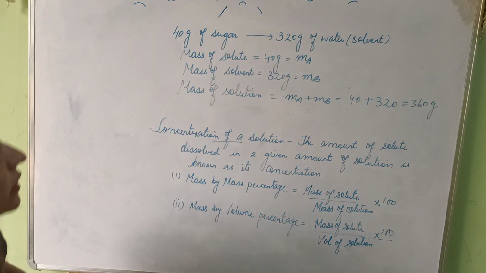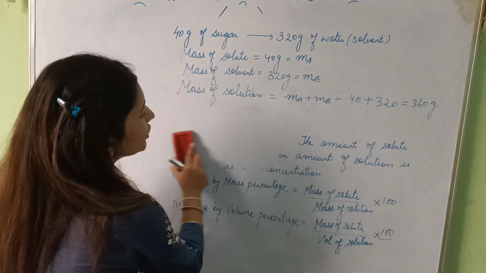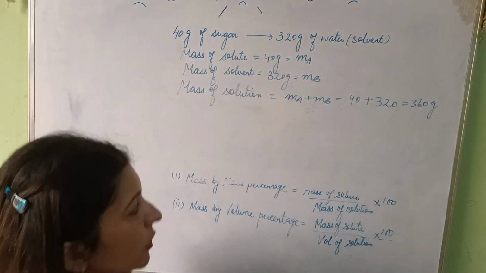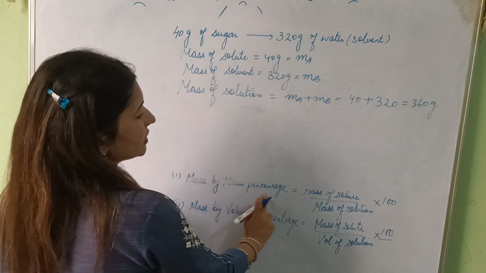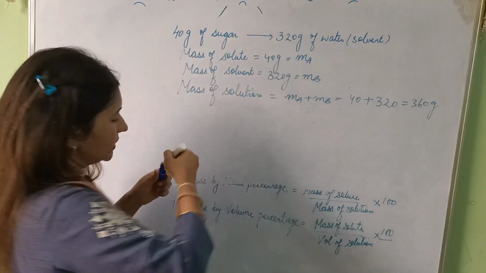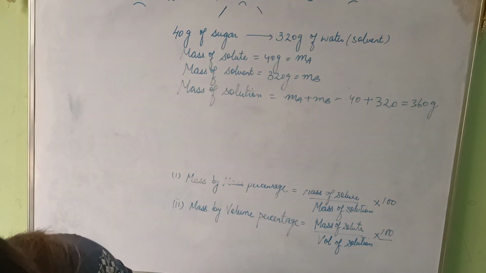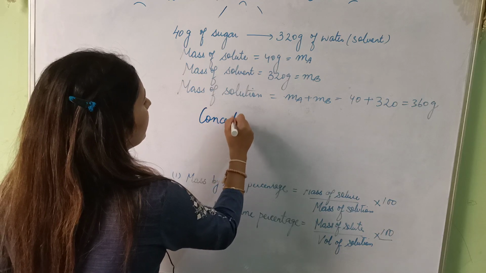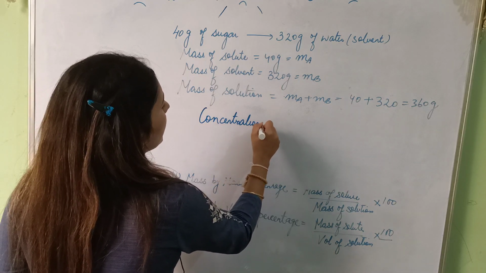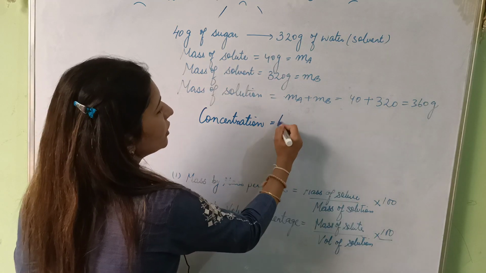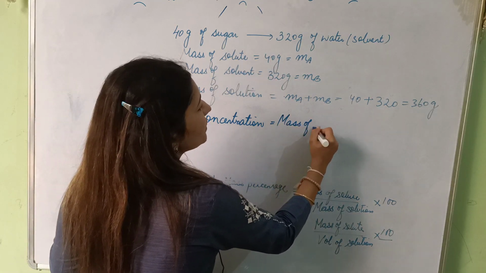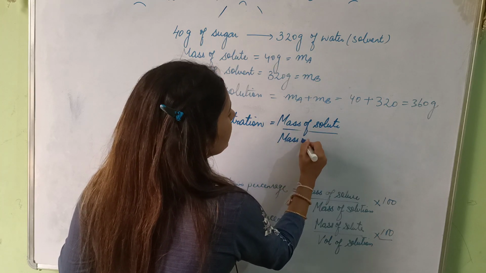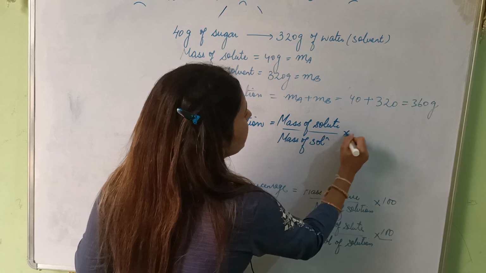Now next, you need to find the concentration. Formula, you will write the formula of concentration. This is the formula. Concentration is equal to mass of solute by mass of solution multiplied by 100.